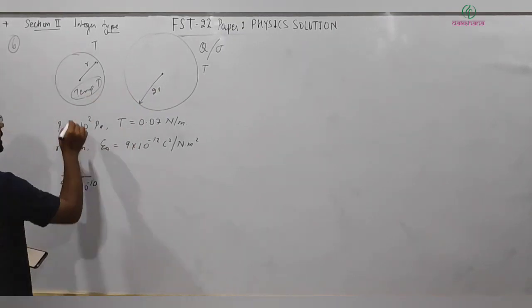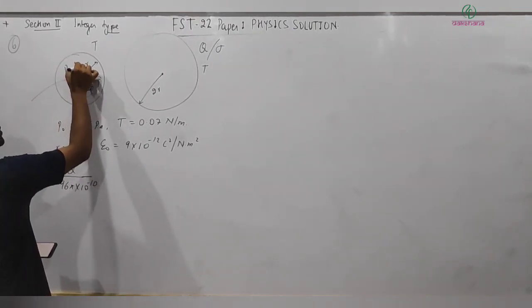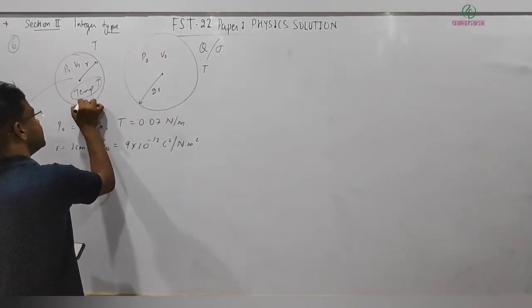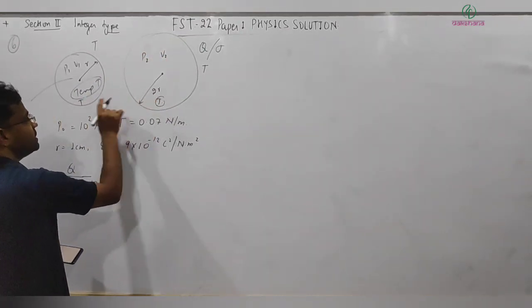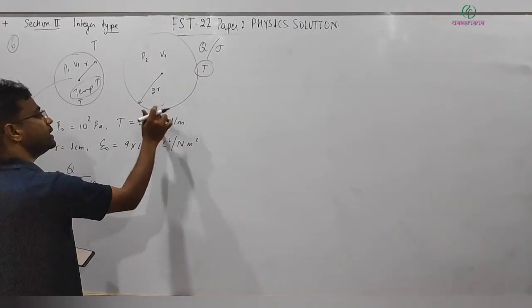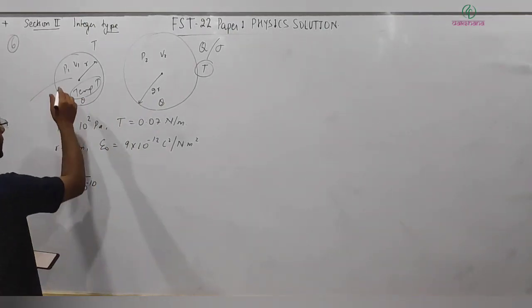Then we can write the initial pressure inside. So I can write initial pressure and volume, and P2 and V2, at temperature T. First, what is P1?